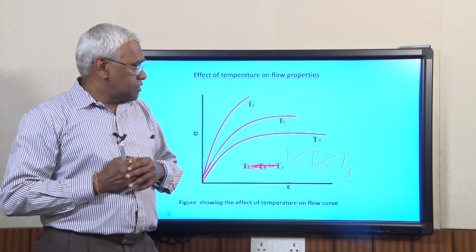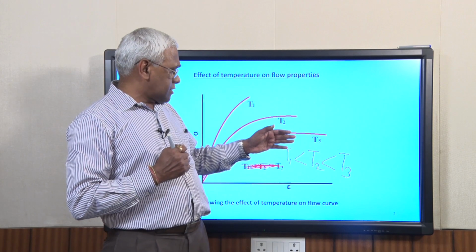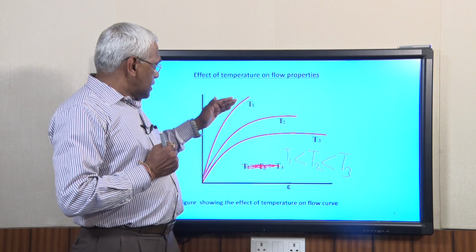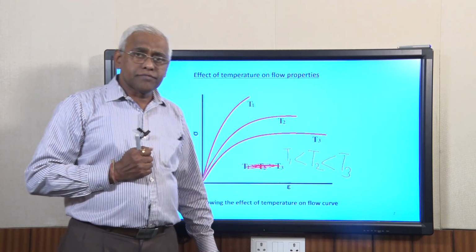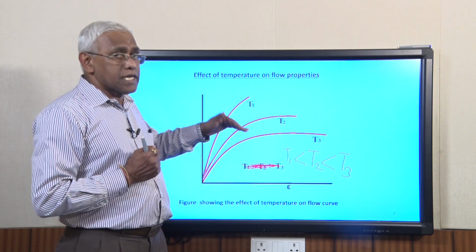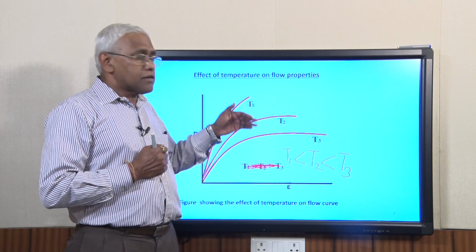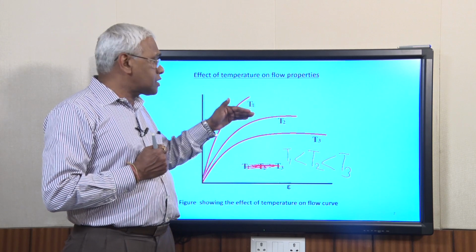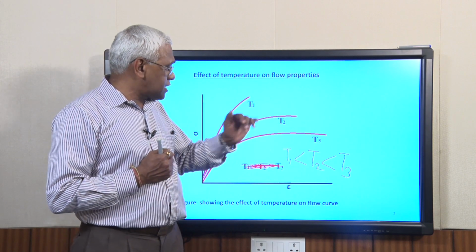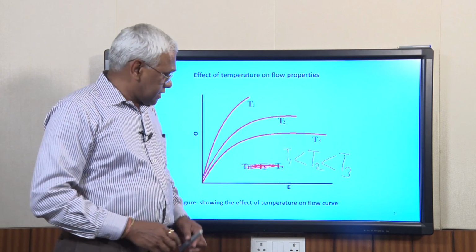A layman will understand this. So, with an increase in temperature the ductility increases, and that increase is very high, but at the same time the yield strength or flow stress of the material will be lower than that at a lower temperature. This is the general flow behavior at higher temperature.